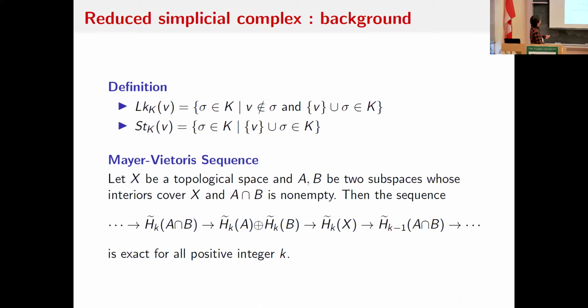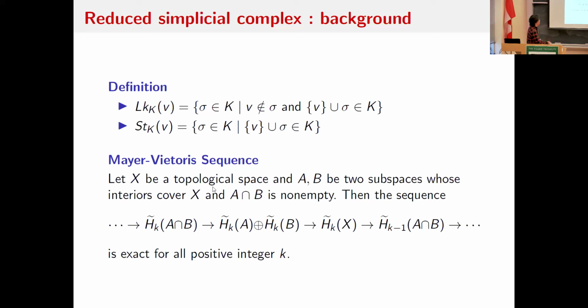And so here, this is a link of V in K, and this is a star of V in K. And we want to use the Mayer-Vietoris sequence.